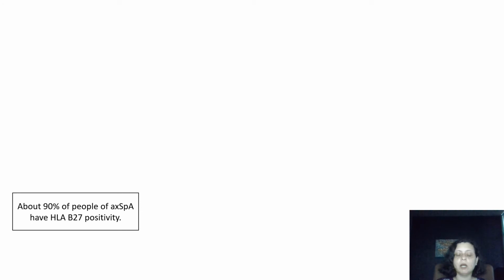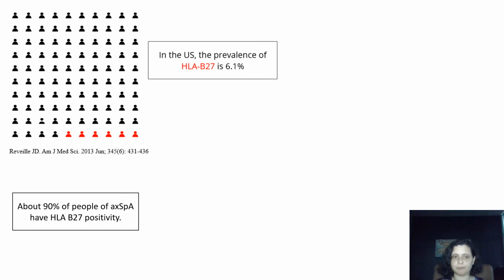So remember how we ordered the HLA-B27 in the working algorithm? So I want you to understand what HLA-B27 is. HLA-B27 is nothing but a gene test, okay? About 90% of people with axial spondyloarthritis have this gene test positive, okay? So the majority have this gene test positive.